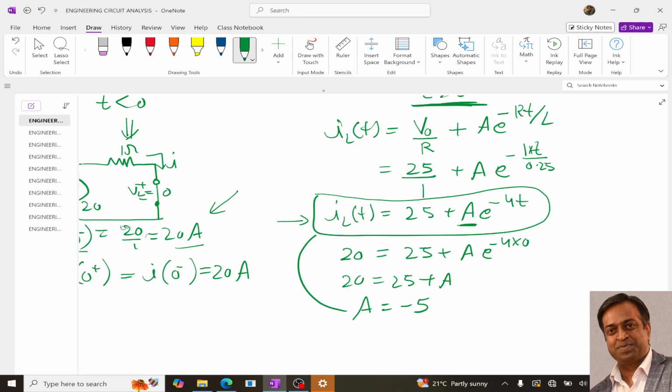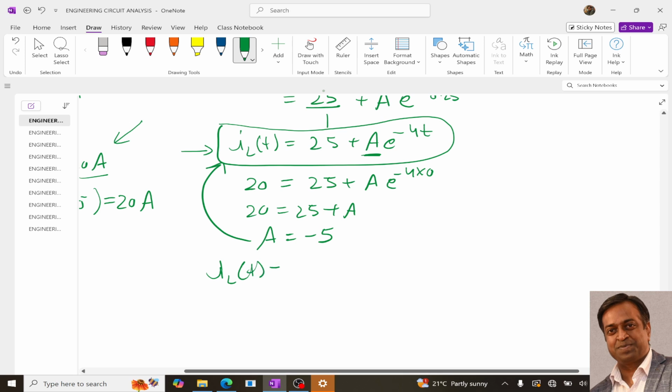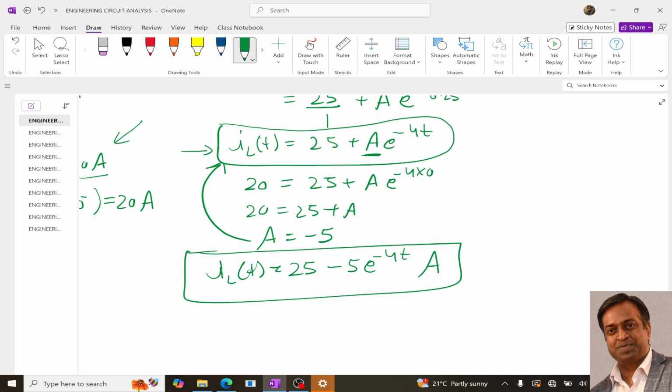Substituting this a in the equation, we will get i_L(t) equals 25 plus a, which is minus 5, so it will be minus 5 e power minus 4t. This is our equation and the unit is ampere. Now once we get this, we will determine v_L(t), which is L di by dt. L is 0.25 and then the differentiation.